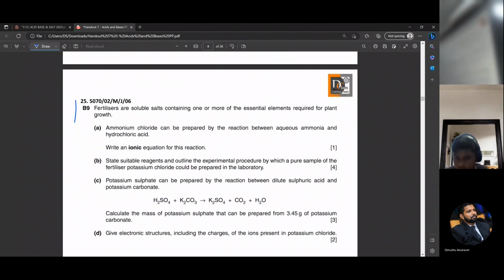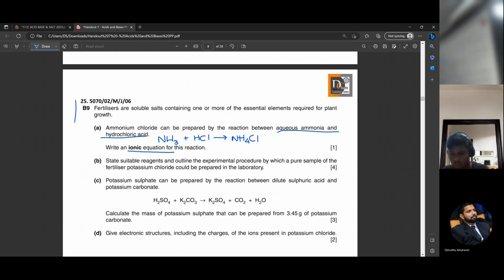Ammonium chloride can be prepared by reaction between aqueous ammonia and hydrochloric acid. Write an ionic equation for this reaction. Ammonia, HCl, ammonium chloride.